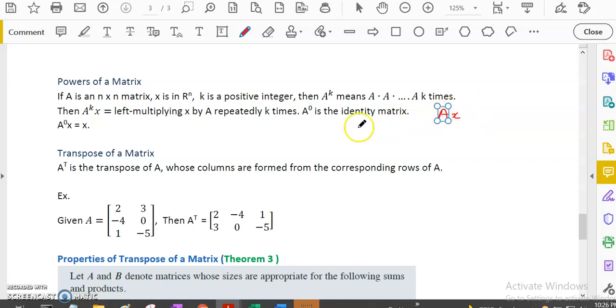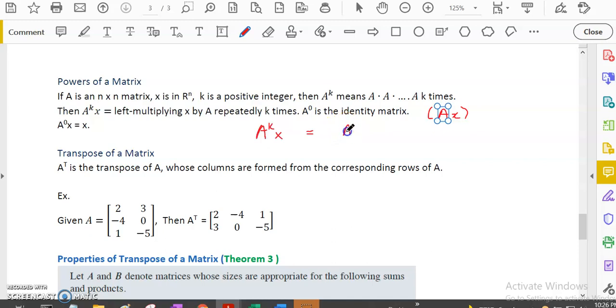So if I apply it a lot of times, after I multiply it, it becomes another vector, and I multiply it multiple times, it means you multiply A repeatedly k times. So the only difference is A^k x, which means left multiplying x by A k times.